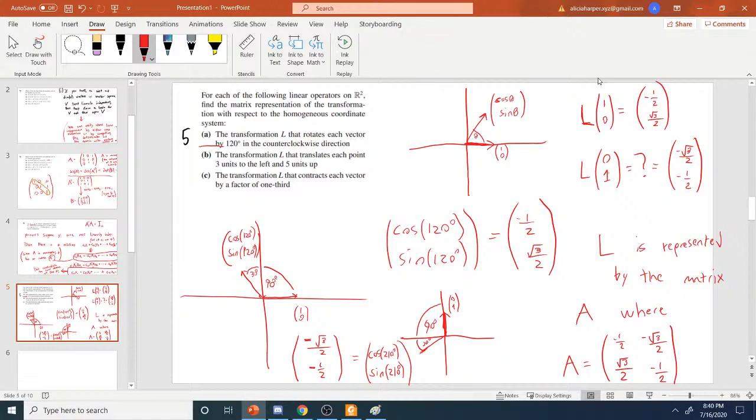And that completes the computation of the matrix representing L here. So that's 5A.